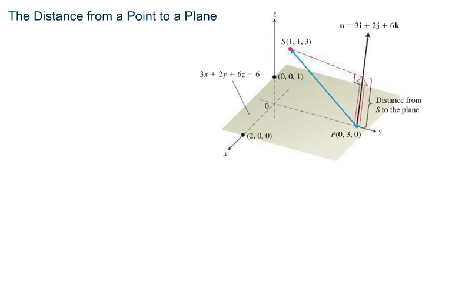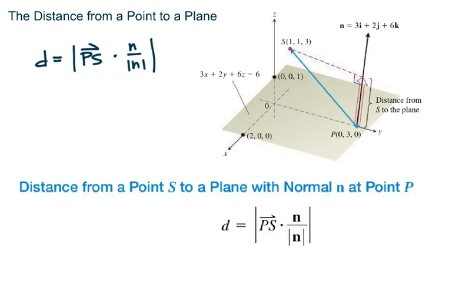And the way we write that, D, that distance, is the magnitude of the vector PS dotted with the unit normal vector.